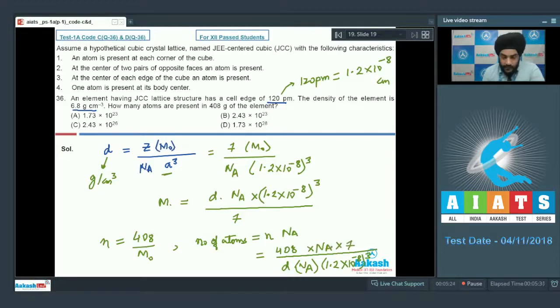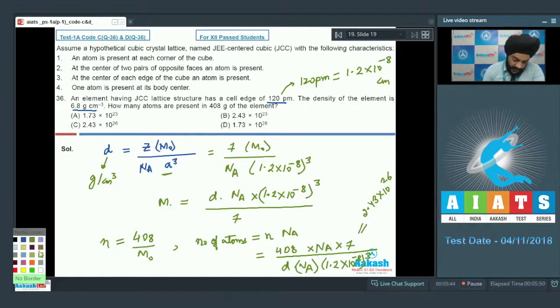So if we put the value of Na over here and we put the value of density, we will have the total number of atoms to be equal to 2.43 into 10 to the power 26. So which is given to us in the C option. So students, the answer which you have to mark for this question is option C.